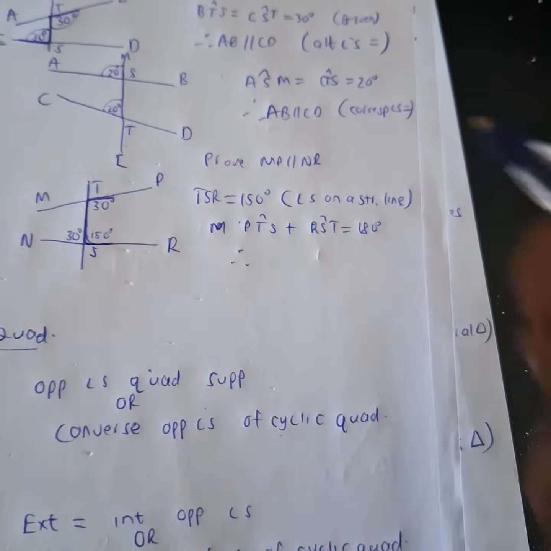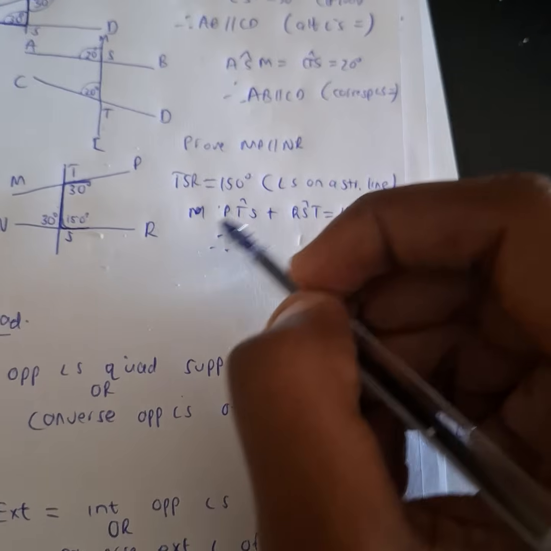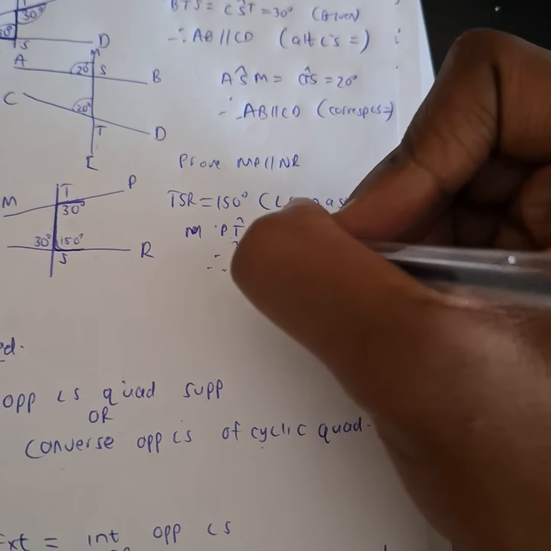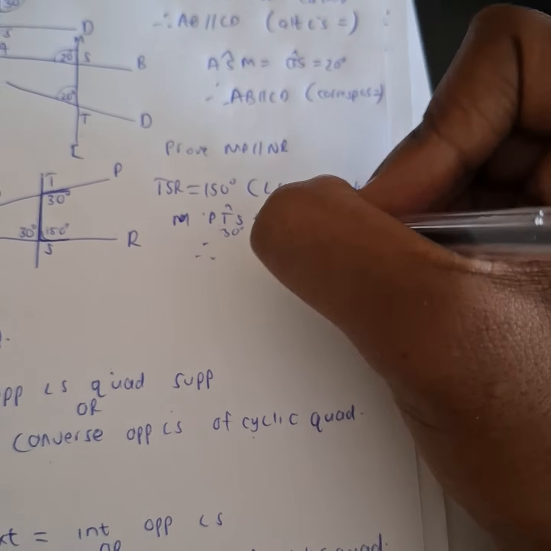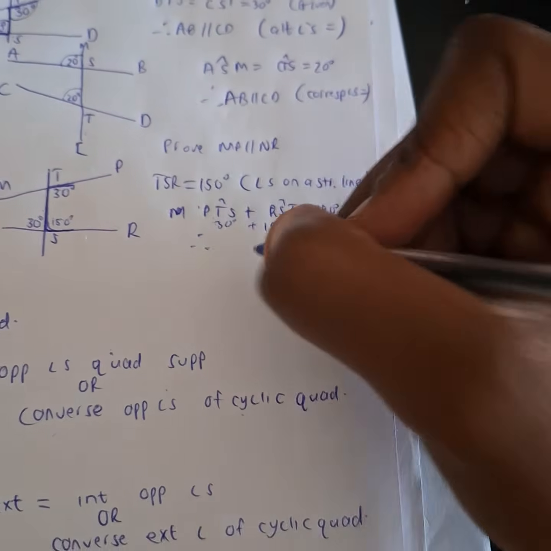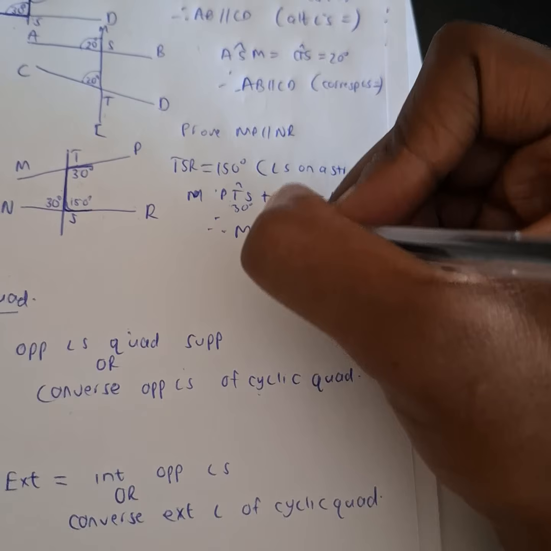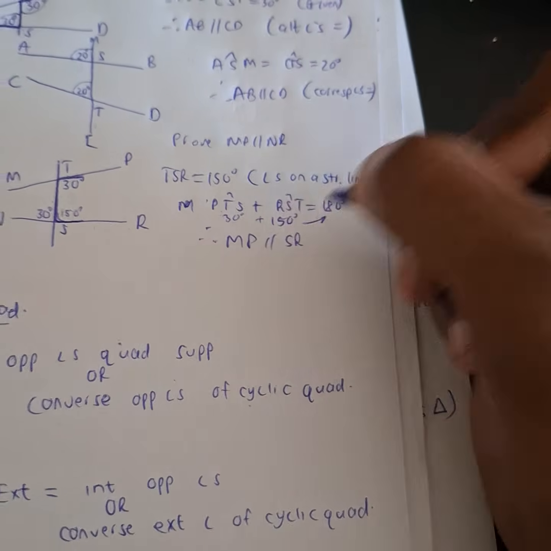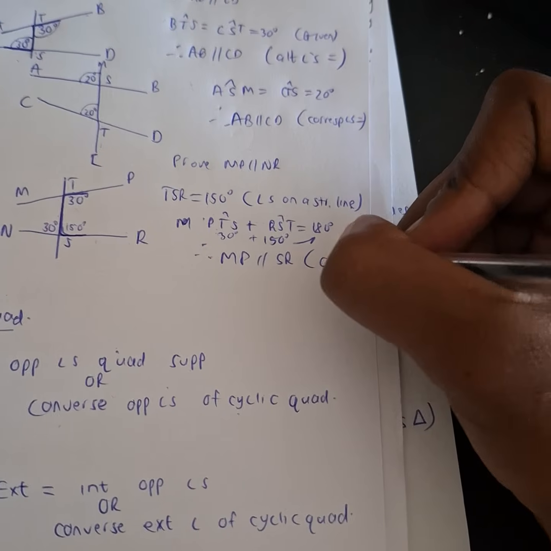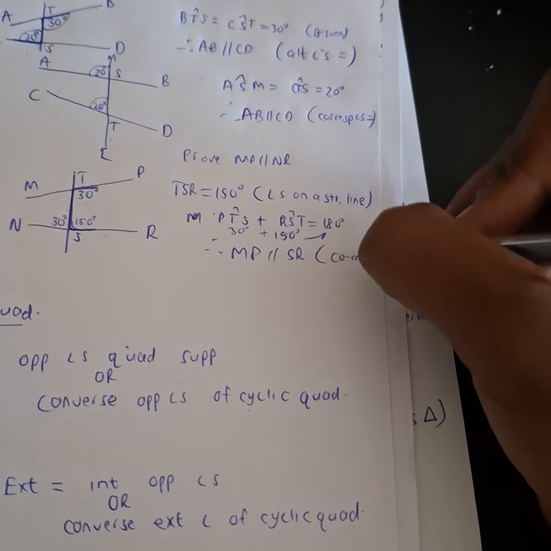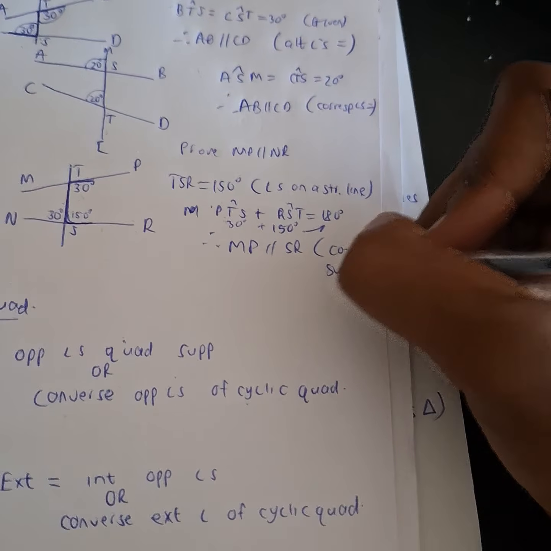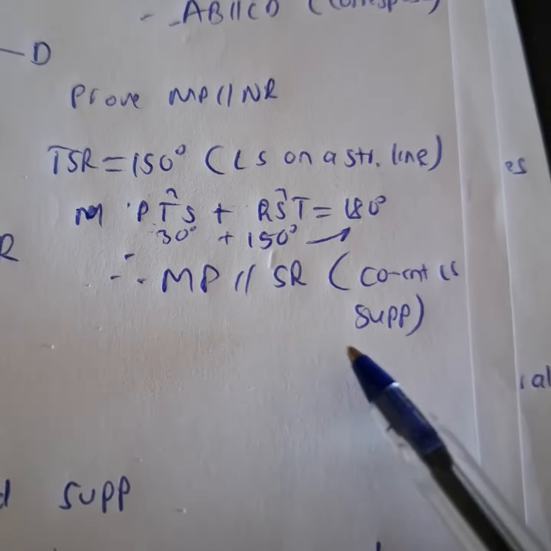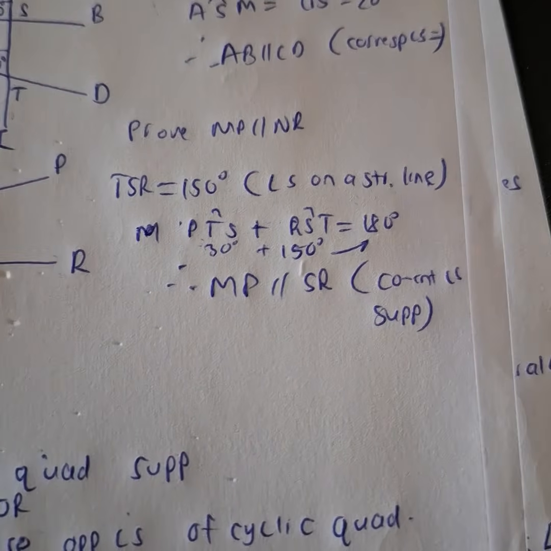PTS is 30 and RST is 150. Those two give me 180 degrees. Therefore, I can conclude MP is parallel to SR. What's the reason? Co-int angles sup. In other words, co-interior angles are supplementary.